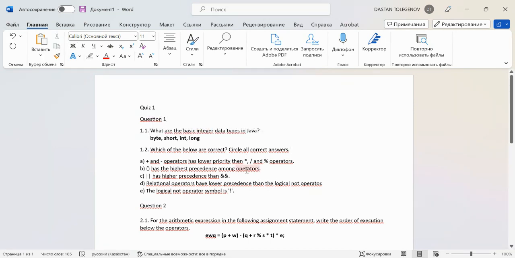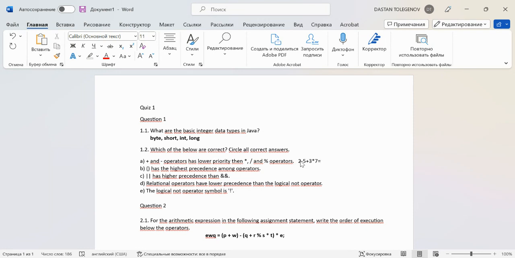Question 1.2, we have 5 choices and we have to mark those that are correct. A, plus and minus operators have lower priority than multiplication, division, and modulus operators. Let's prove that. I guess yes, because let's see from the basic math side: 2 minus 5 plus 3 times 7, let's say.